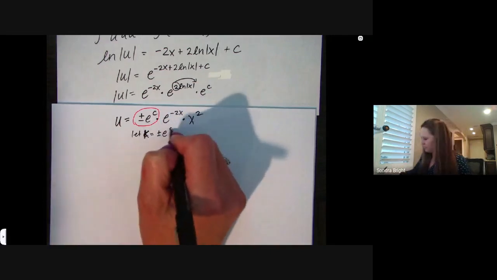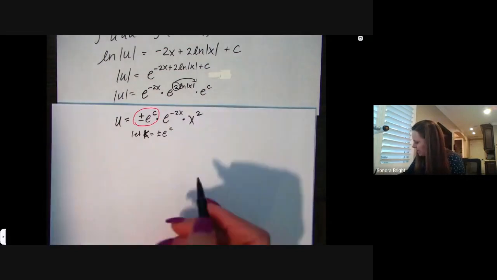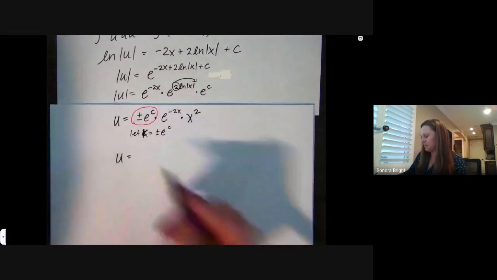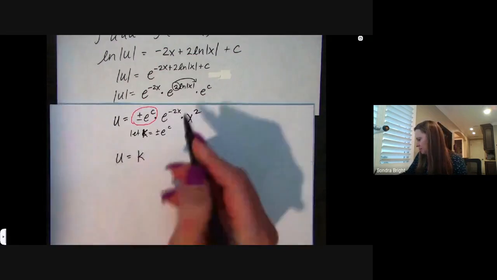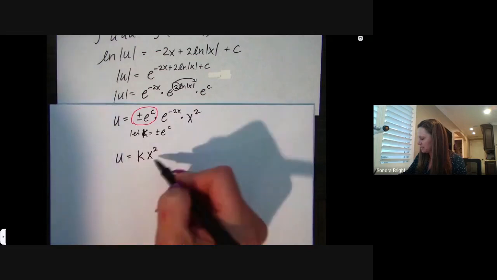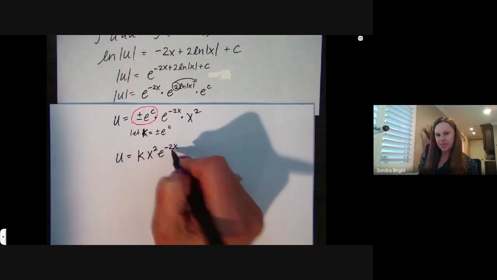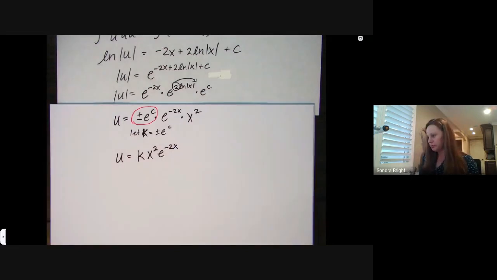Then that means my u is K times, and it's typical to put the algebraic part first, so K times x squared times e to the negative 2x. But remember, we had done a substitution of variables. u is v prime.